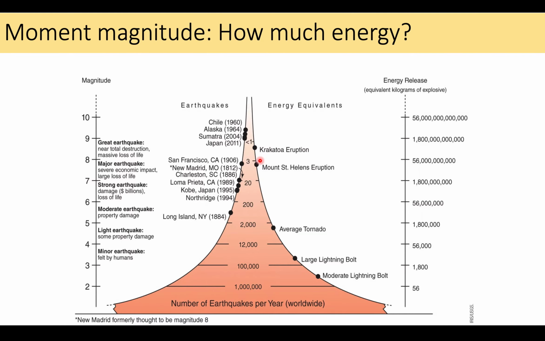The eruption of Mount St. Helens, for example, would be up there at a magnitude 8. So here we're going to have a major earthquake, large loss of life, severe economic impact, and a huge amount of energy released. So the magnitude takes into account what occurs on the surface as well as the actual energy that is released in that earthquake.